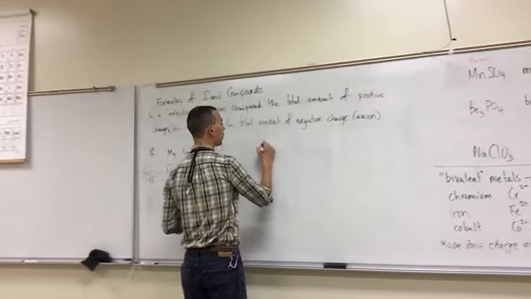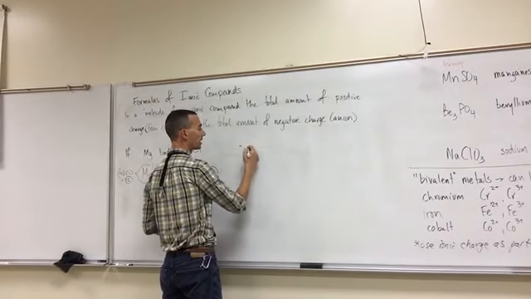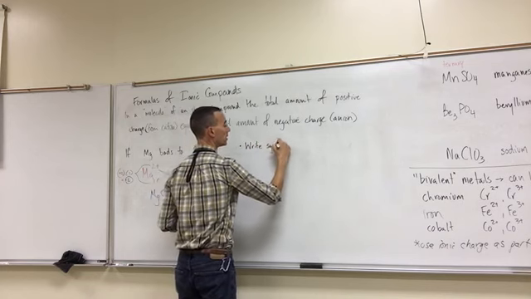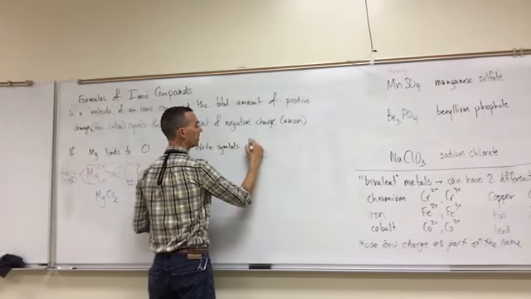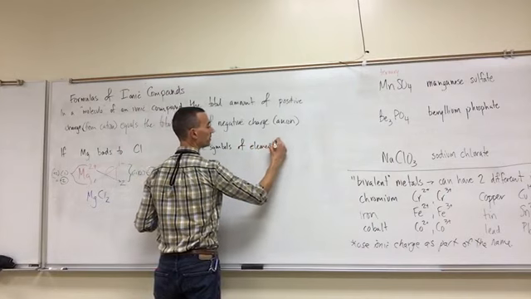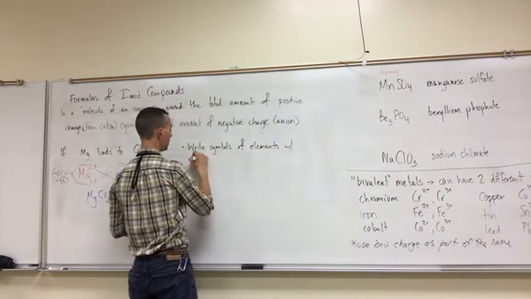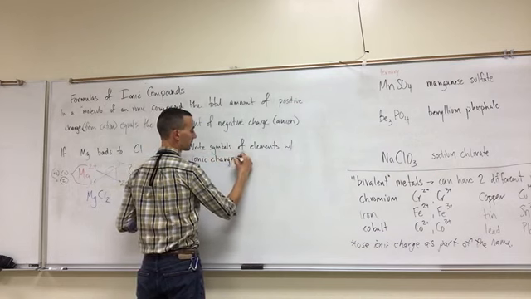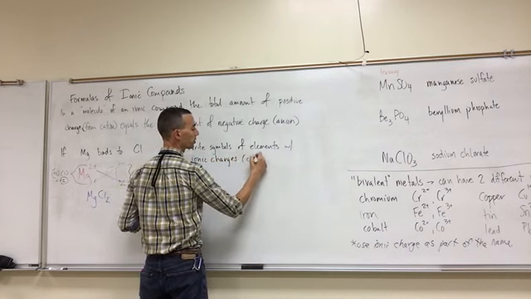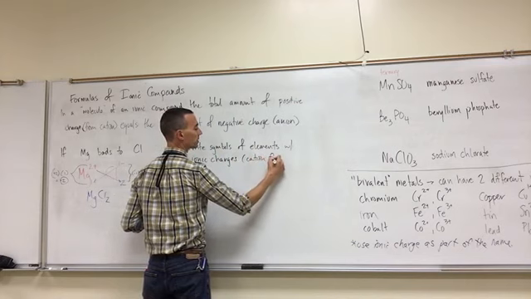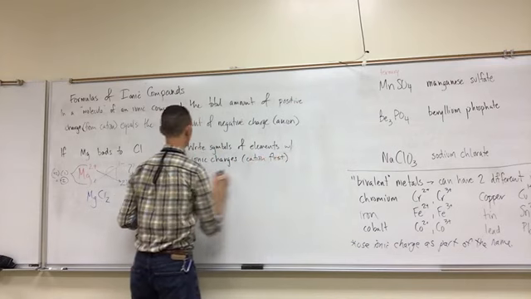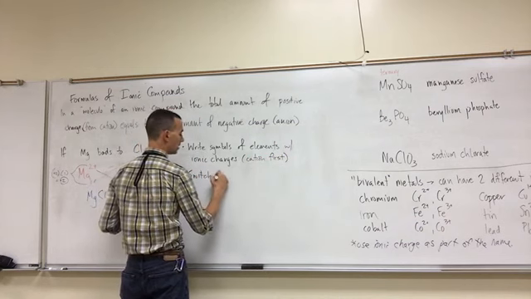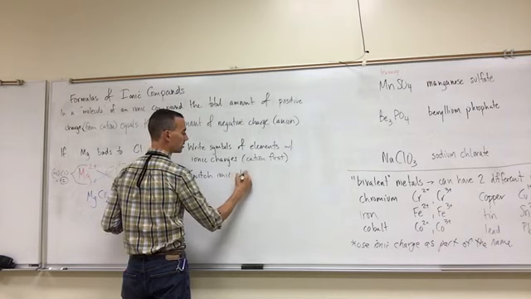So the way to get the formula, the way to predict the formula, is to write the symbols of the elements with their ionic charges. Okay? And then you want to make sure that you write the cation first. And then you switch the ionic charges.